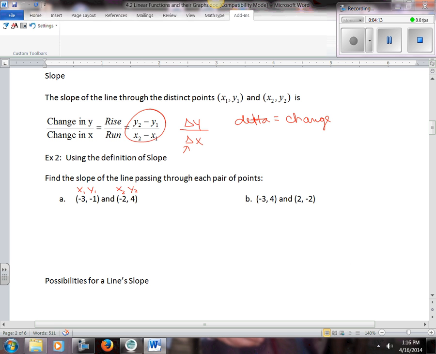So y2, which is 4, minus y1, which is negative 1, so it's 4 minus a negative 1, over x2, negative 2, minus x1, minus a negative 3. You guys know when you have minus a negative, those become positives. So 4 plus 1 gives me a 5, and negative 2 plus 3 gives me a positive 1. So my slope is 5.